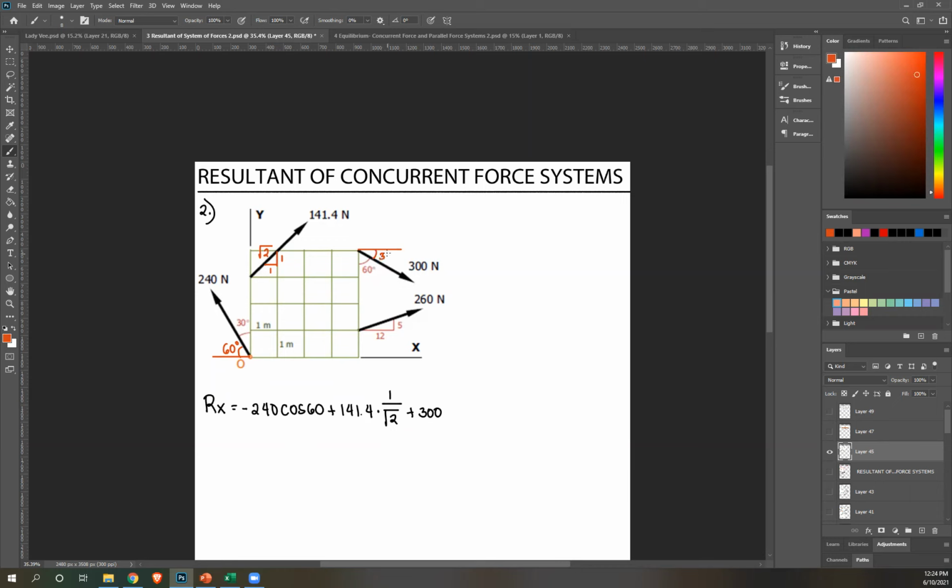This is 60, therefore this is 30 degrees. So cosine 30. Once again, you can use sine 60 if you want to. And then lastly, we have this, again to the right, so positive 260 times the horizontal, so 12 over the hypotenuse. Let's solve for the hypotenuse. Square root of 12 squared plus 5 squared, that's 13.